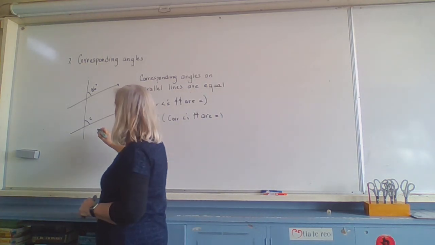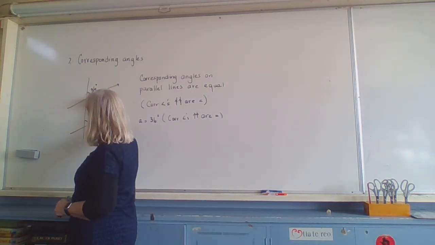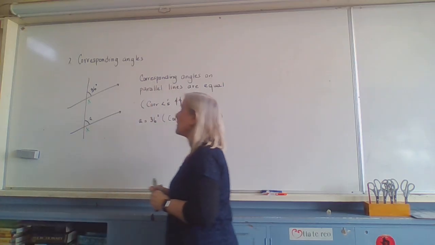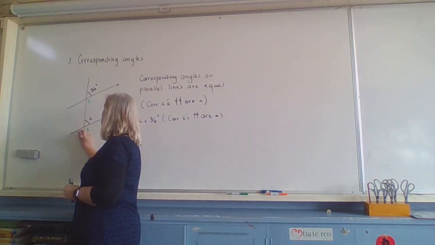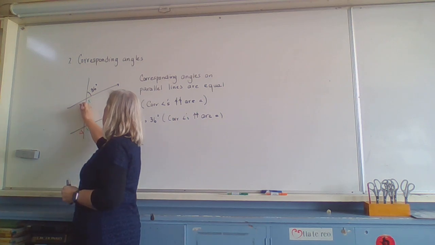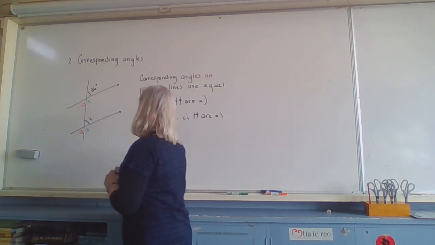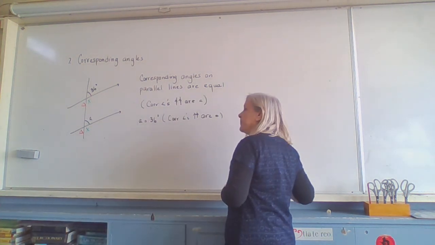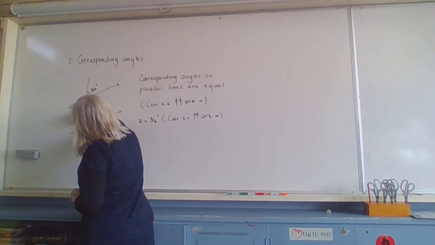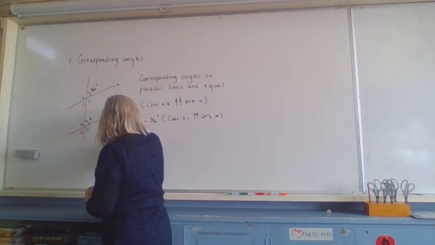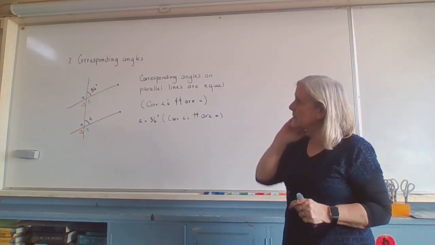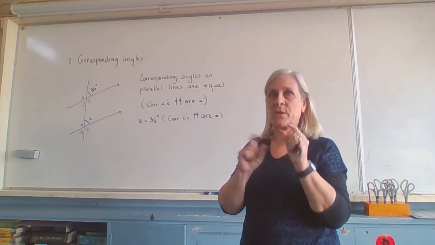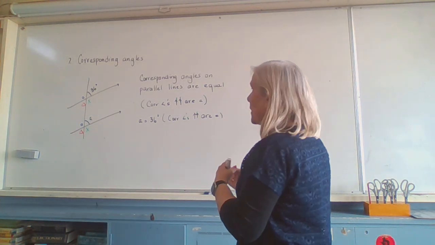This is another set. I'm going to just do emblems today. All right, they're in the same place. This is another set. Okay, and the last one is this one. Okay, so each of those are corresponding angles. And we know that they are equal.